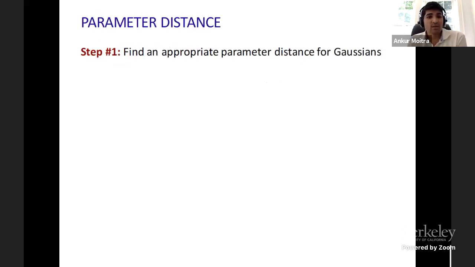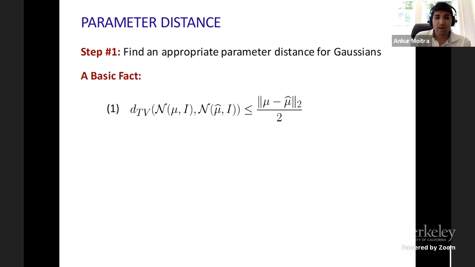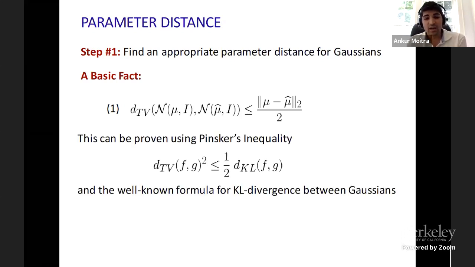So first, what's the right parameter distance for bounding the total variation distance between two spherical Gaussians? Now, for those of you who think a lot about different distance measures between distributions, and this ties into Clement's question earlier about what can I do with the KL, it turns out that a good way to bound the total variation distance is to use the KL divergence. Because the nice thing is that the KL divergence between two Gaussians has a closed form expression.